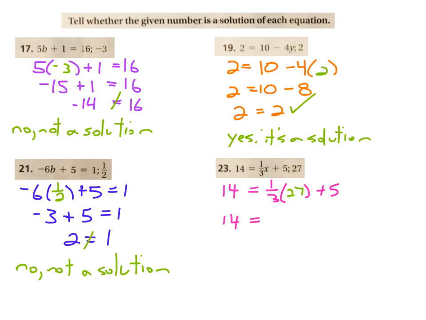The way you could look at it, I'm just going to do it as a little bit of scrap: 1/3 times 27 over 1. And then you could say, I'm going to cancel that out, dividing both top and bottom by 3. And then I get 1 times 9, or 9, over 1 times 1, or 1. 9 over 1 is just 9. So 1/3 of 27 is 9, plus 5.